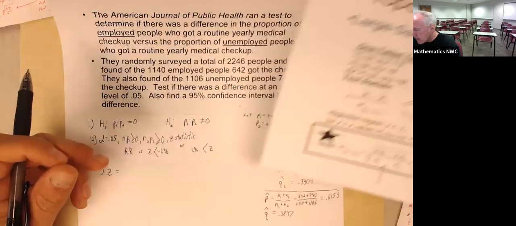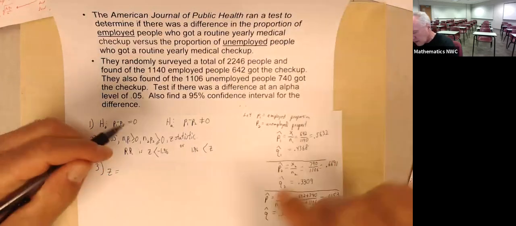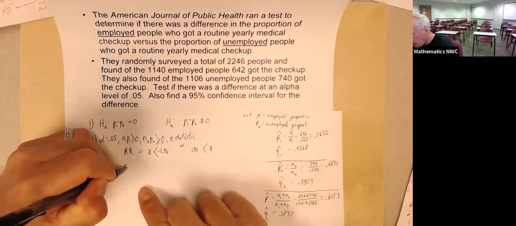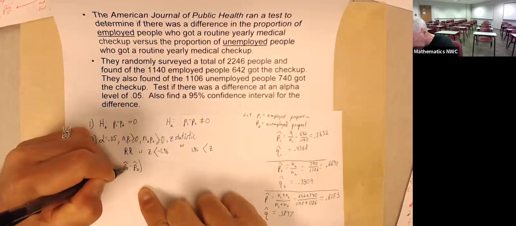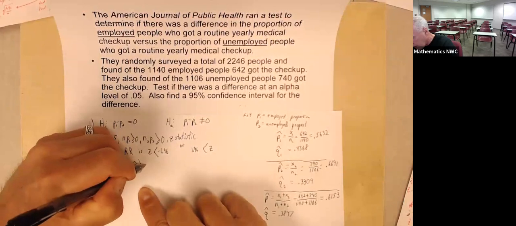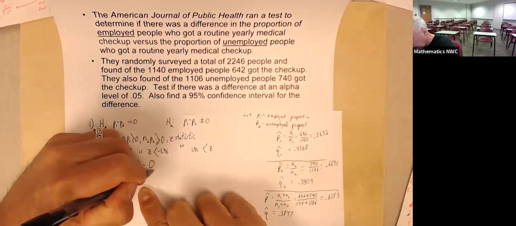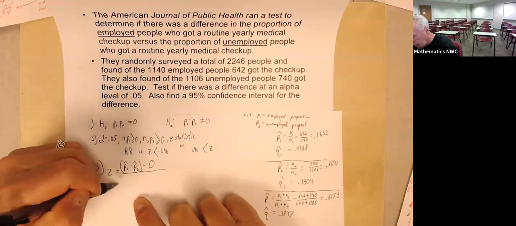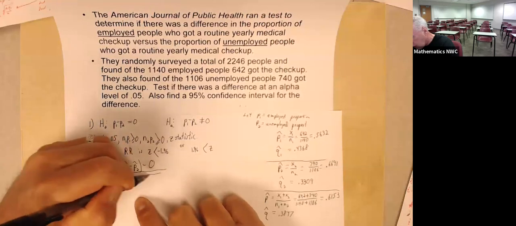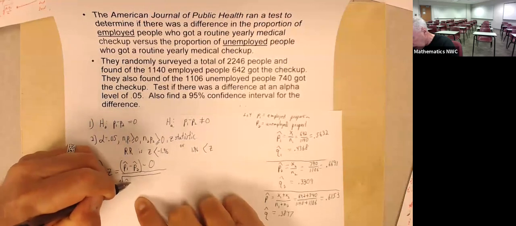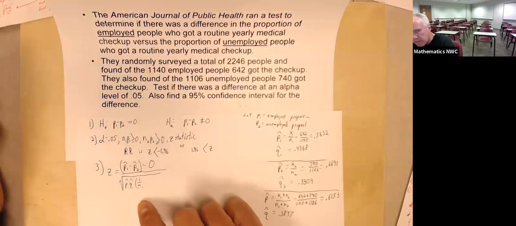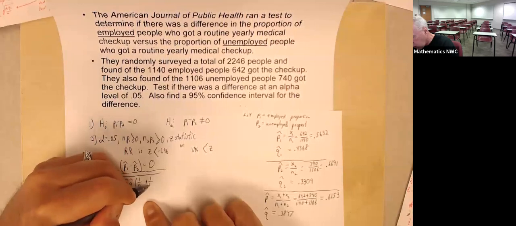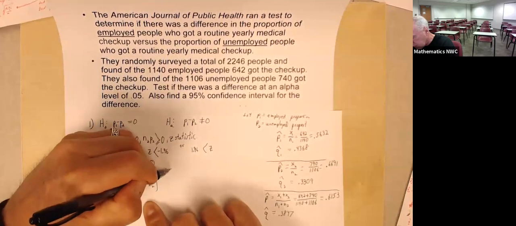You'll see me copying that one down now. So my Z is P1 hat minus P2 hat minus 0, all divided by the square root of P hat general, Q hat general, times 1 over N1 plus 1 over N2.